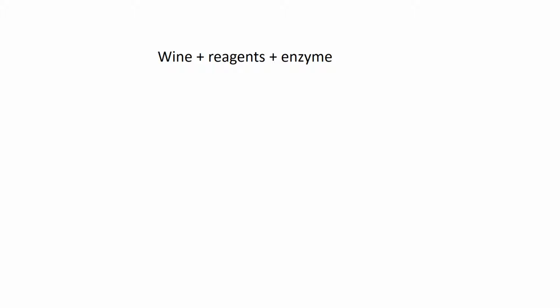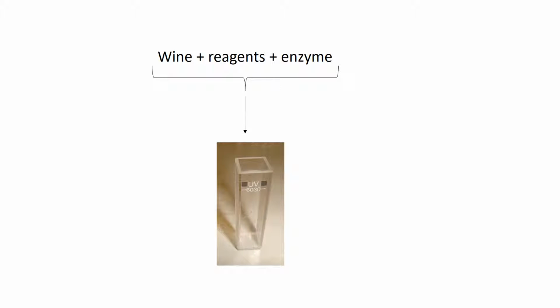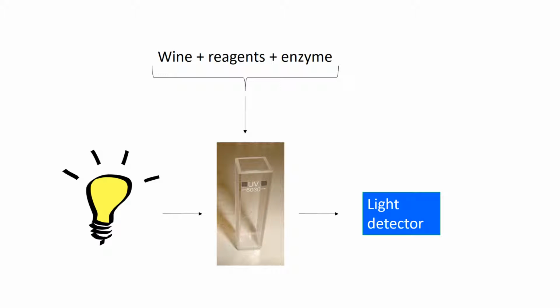We do that by taking a wine sample, we throw in some reagents that react with malic acid, and we throw in an enzyme to make that reaction happen. We take that concoction and we put it in a cuvette that looks like this. We put it inside a spectrophotometer. That shines light on the cuvette, and the detector in the spectrophotometer measures the amount of light that passed through that solution.